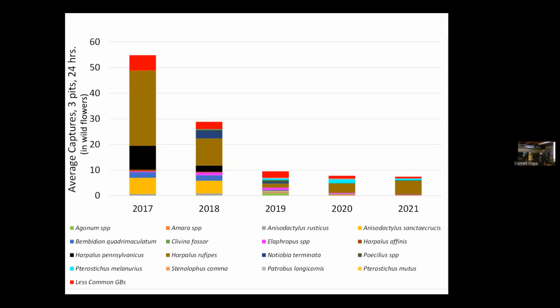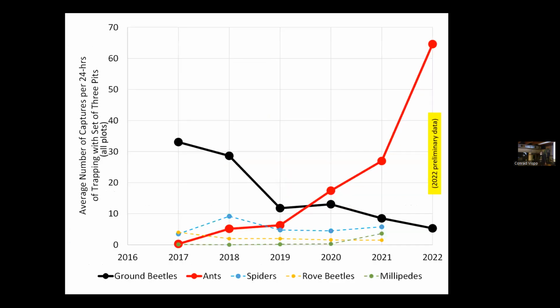This is your last graph, showing you the same data in a way. The black line is the average number of ground beetles we're catching. In 2017, we were averaging like 32. Down to this past year, we're around 5. A huge drop in the number of ground beetles.